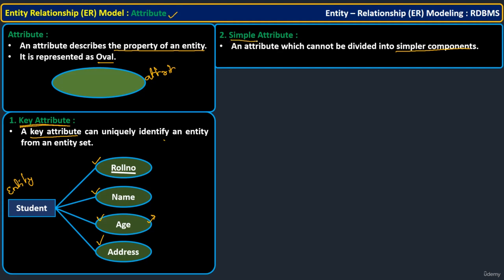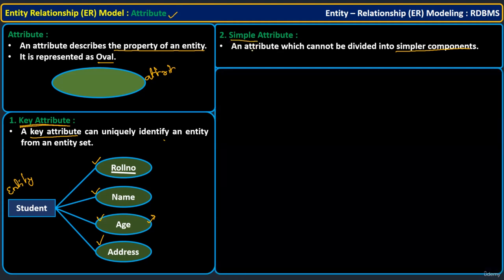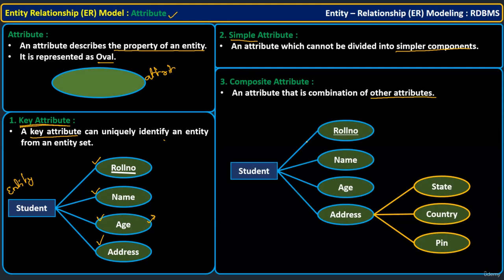To understand this meaning, let us go for the next definition, composite attribute. If you understand this, it becomes simple. A composite attribute is an attribute that is a combination of other attributes. What does it mean? You can see from this diagram. Address can be divided further into state, country, pin.